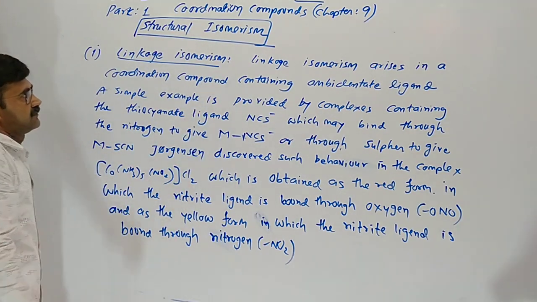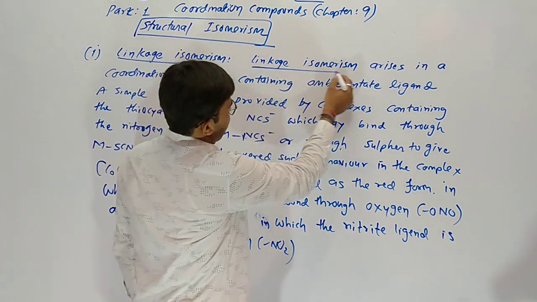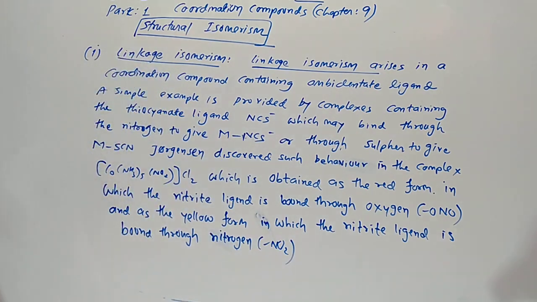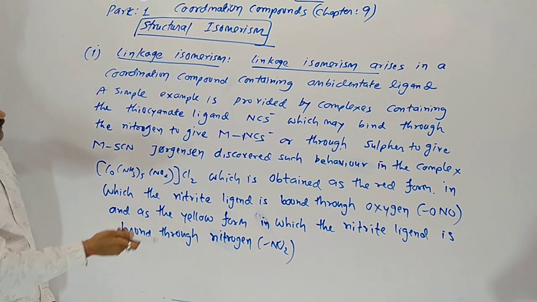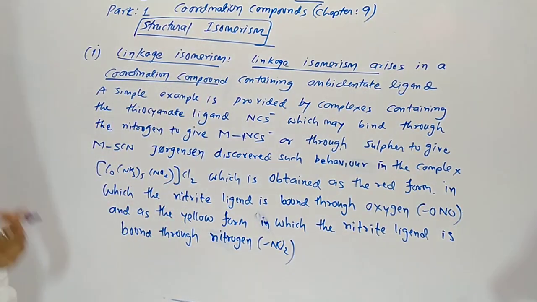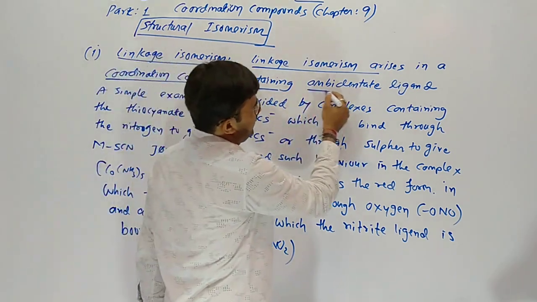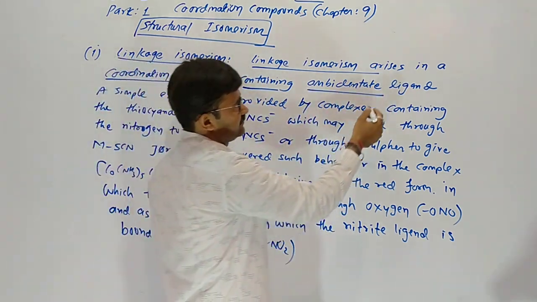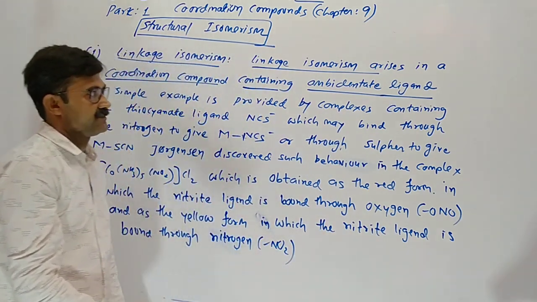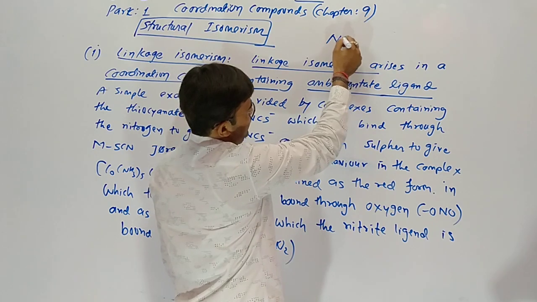There are four. So one of them is the linkage isomerism. Now listen, linkage isomerism arises in a coordination compound containing ambidentate ligand. Yes. What is ambidentate? In our syllabus there are only two.